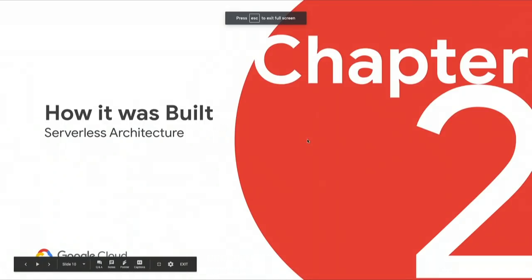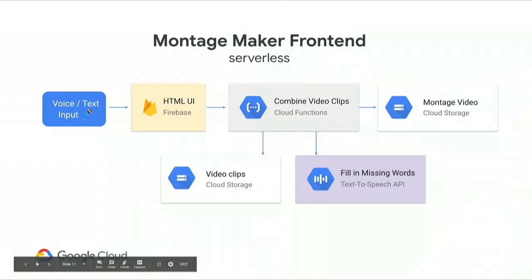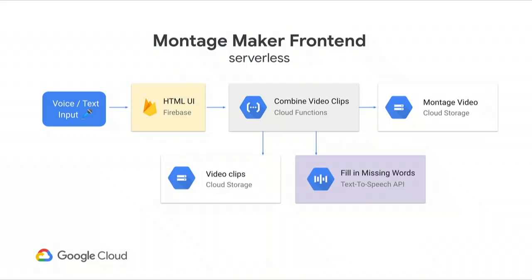All right, so let's talk about how we built it. The front end is pretty straightforward. Not really all that much serverless going on here anyway. We have a front end being served by Firebase hosting, which is a really easy way to deploy a simple HTML app. And in JavaScript, we call a backend basically functioning as an API, which is a cloud function listening on an HTTP trigger.